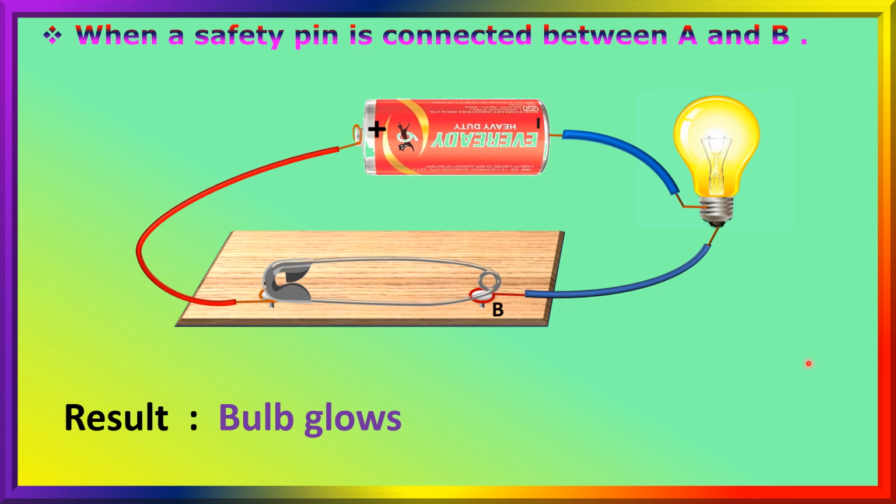So there are some materials which, when connected between the points A and B, make the bulb glow. There are some materials which, when connected, do not make the bulb glow. So from this we can say that the materials which allow the current to pass through them are called conductors, and the materials which do not allow the current to pass through them are called insulators.